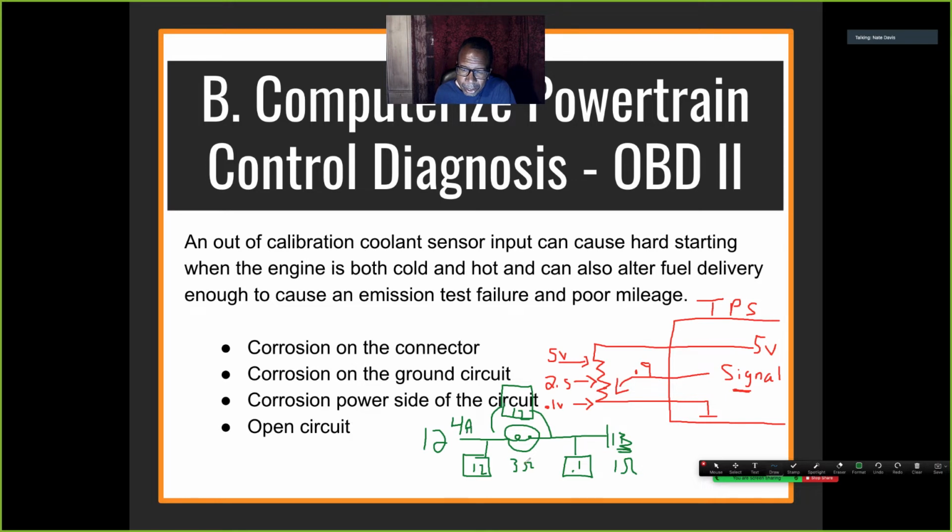I think I did that right. 1 ohm, so it's going to be 1 ohm here. Oh no, I did that wrong. I got 1 ohm here, 3 ohms here, that's 4. It's 4 ohms in the circuit. Erase that. I know the math didn't come out right. So it's 4 ohms in the circuit.